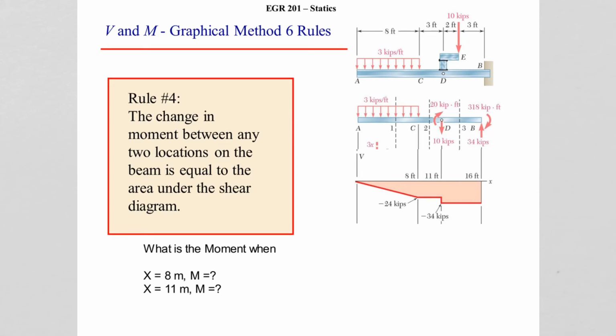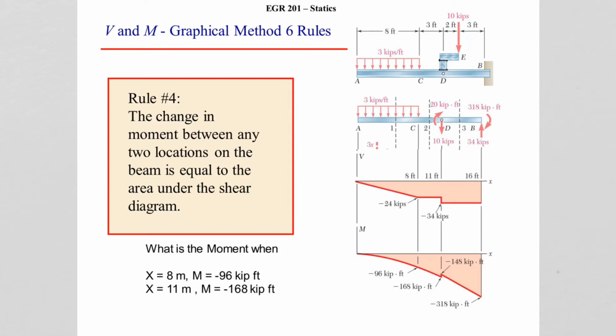Okay, let's look at Rule 4. Rule 4 says the change in the moment between any 2 locations on the beam is equal to the area under the shear diagram. So that's all part of integration. If I have my shear diagram, which is shown here, I can find my moment diagram by calculating the area under the curve. It will start out at 0 because there's nothing there.